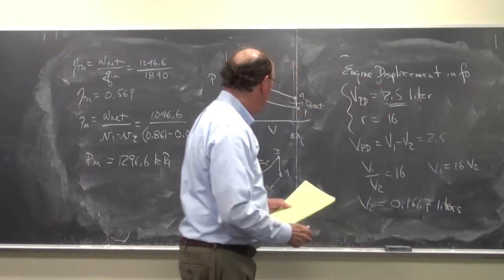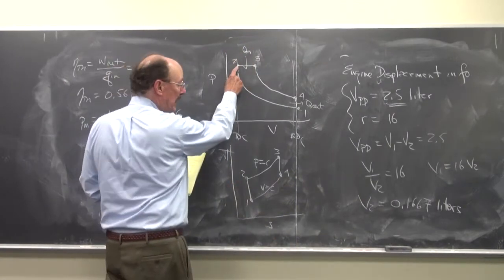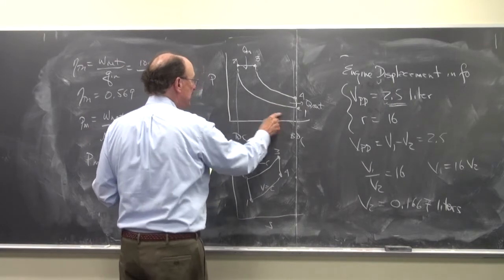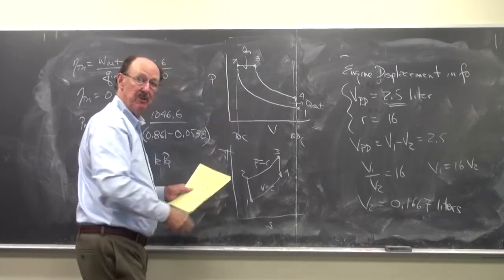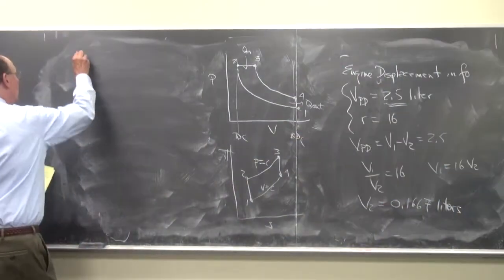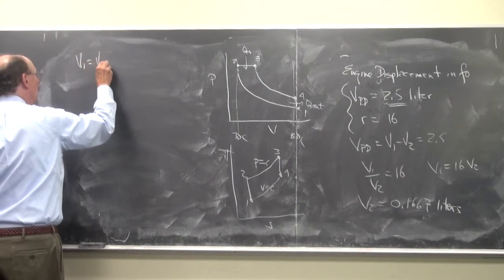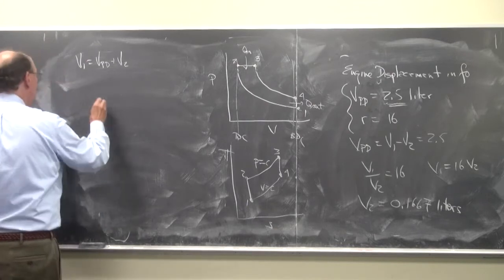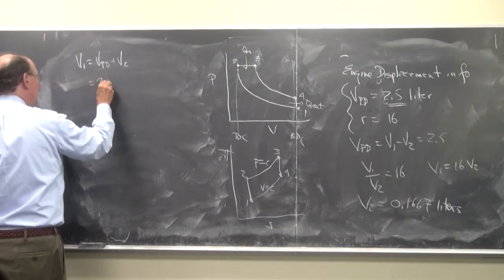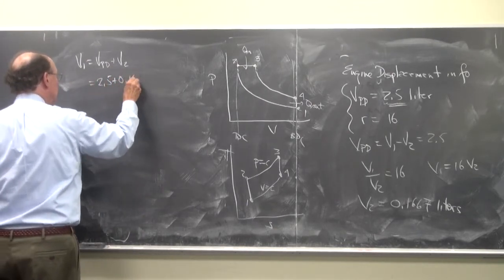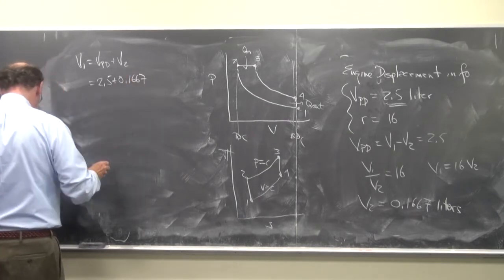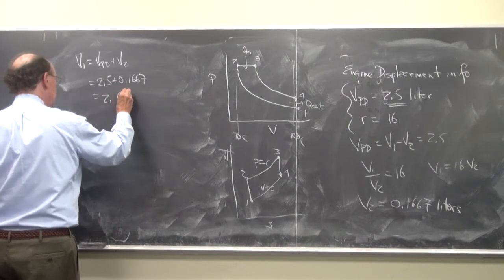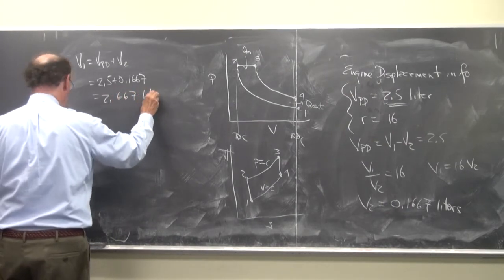So that gives me V2. So V1 is the V sub PD plus V2. So I have 2.5 plus 0.1667. So this is equal to 2.667 liters.